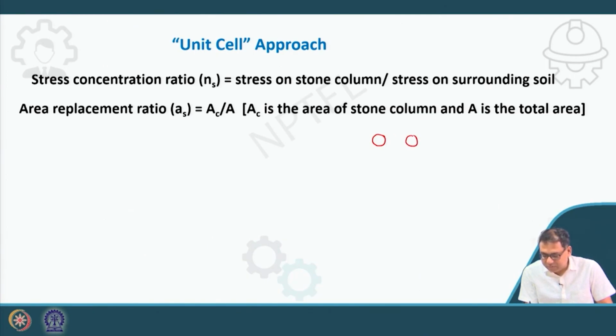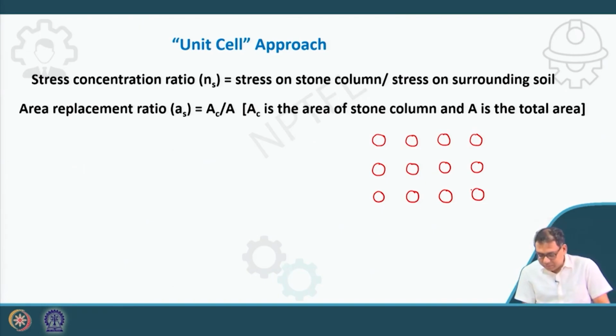This can be a triangular grid, this can be a square grid, it can be a hexagonal grid also, but the most common grid patterns are triangular and rectangular. So, we will discuss in this class the triangular or the rectangular grid pattern.